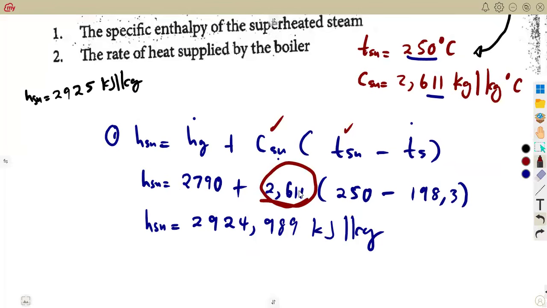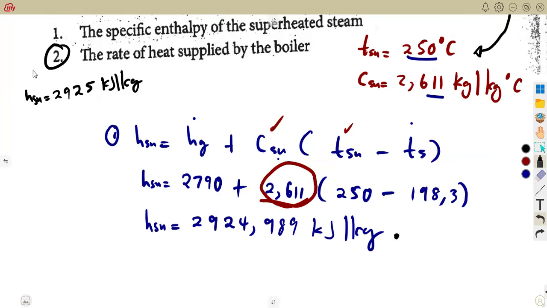In actual sense, if you're using the exact value there, we were actually going to obtain exactly the same answer of 2,925. So you could have used any value there. There was no need for any of this calculation. You have got your enthalpy, the specific enthalpy of the superheated steam.